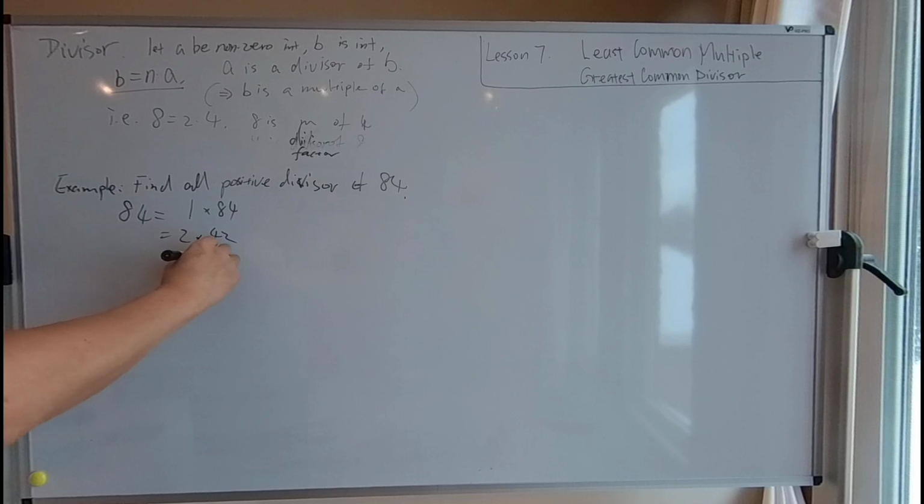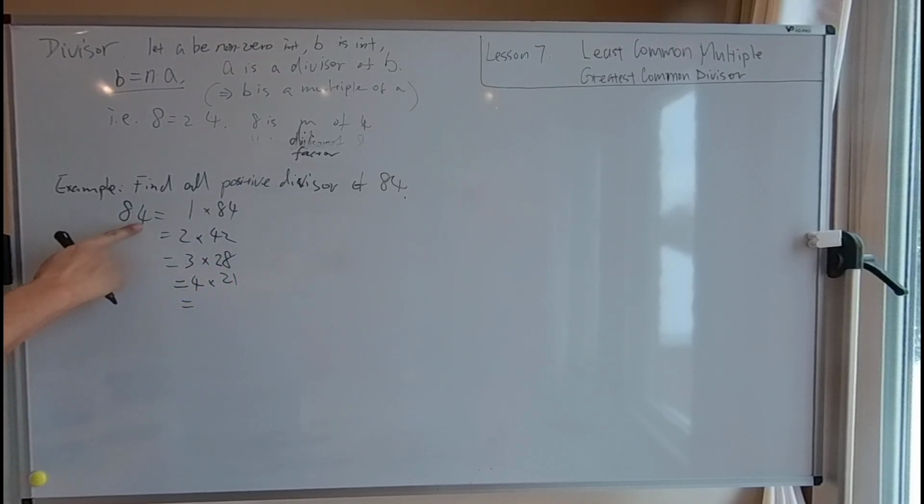Then 2, 24, 8, 28, 4, 21. 5 is not divisible, because again, remember, for a number to be divisible by 5, you need to have your last digit to be 0 or 5. It's neither 0 nor 5, so it's not divisible by 5.